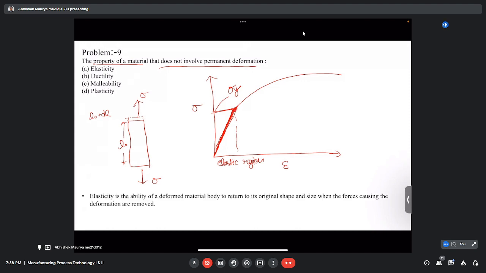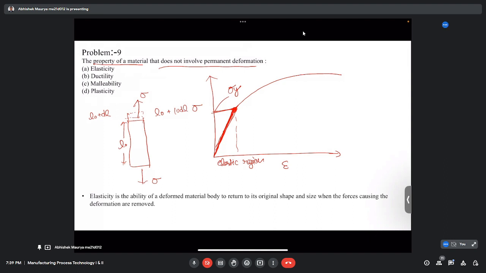So what happens after this elastic region? If we keep on applying some larger load, then the deformation will be a little higher. Now let's say its length becomes L0 plus, let's say, 10 times dl.